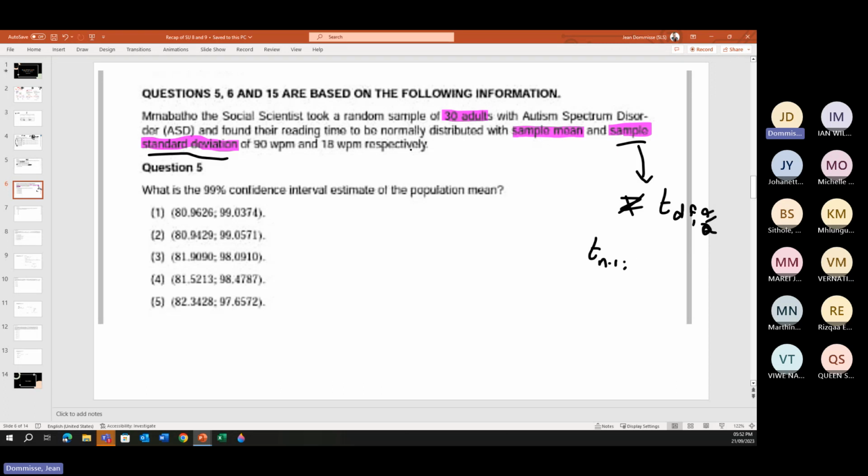Let's just put that alpha as well. We're talking about the 99%. So alpha is 1 minus 99%. But remember, divided by 2. Okay, so we're going to work with T29 and 0,005.